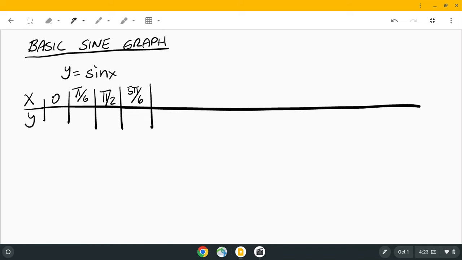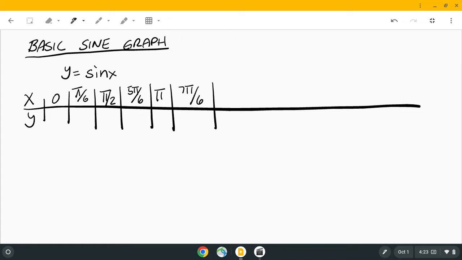Okay, so 0, and then the angle 30, that's in quadrant 1, and then 90 degrees, and then the angle in quadrant 2 with 30 degrees reference angle, and then pi, and then the angle in quadrant 3 that has reference angle 30, so that is going to be 7 pi over 6.